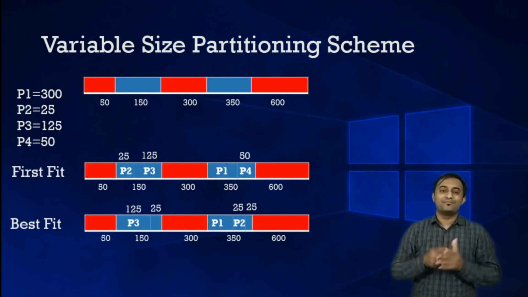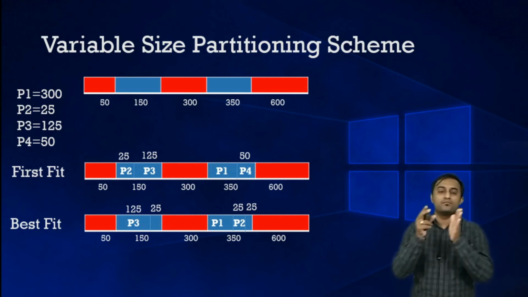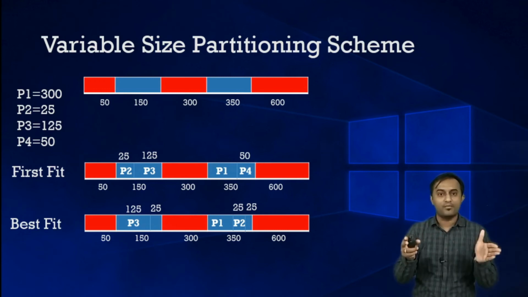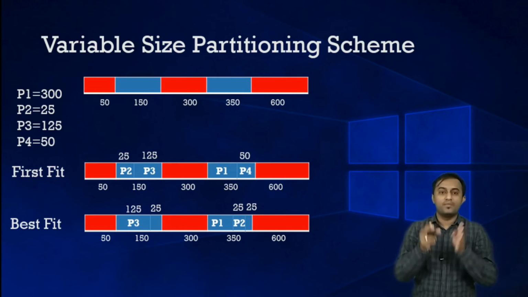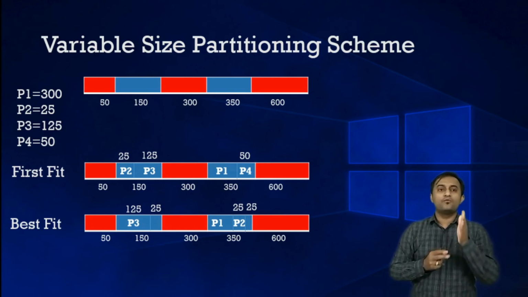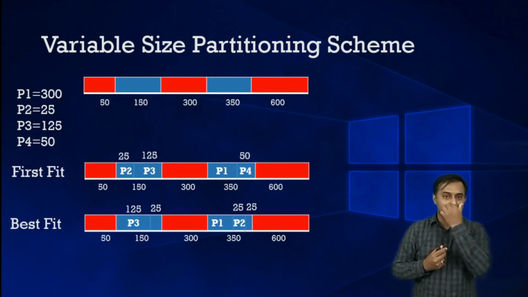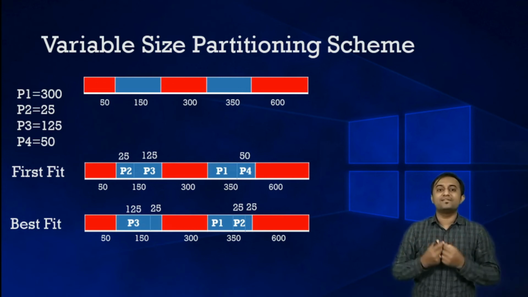In this case 25 KB plus 25 KB is equal to 50 KB, but this 50 KB is available in non-contiguous fashion. So say, for example, the last process came and it requires 50 KB. Yes, we have 50 KB of size available in memory, but what will happen in this case?